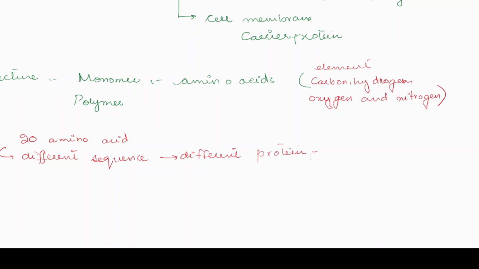It may happen in your body that while these amino acids are arranging themselves in a chain, some proteins have 51 amino acids, some proteins have 31 amino acids, and some have a different number. Every protein has a different amino acid number and different sequence.